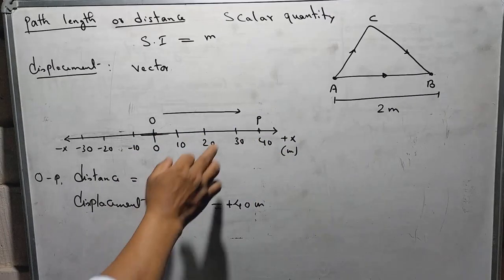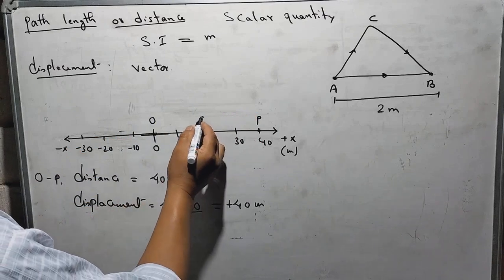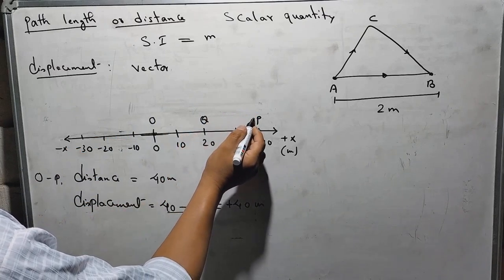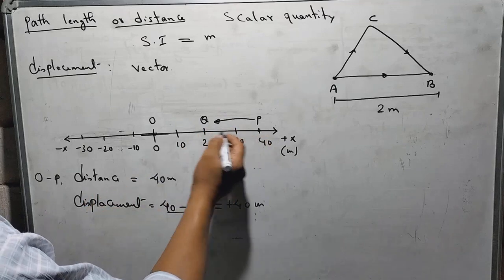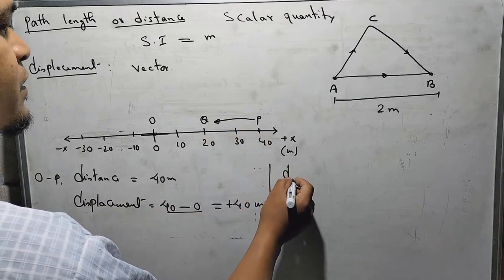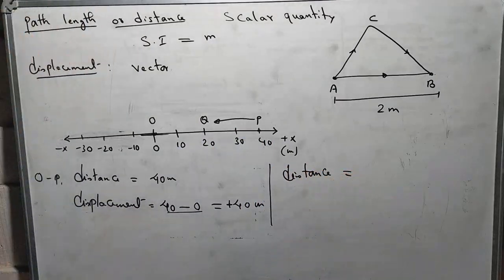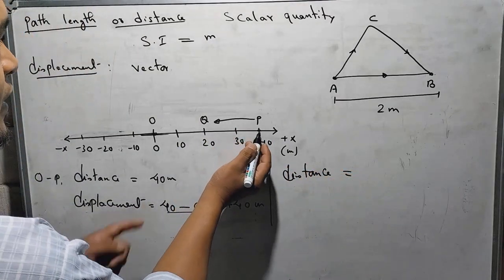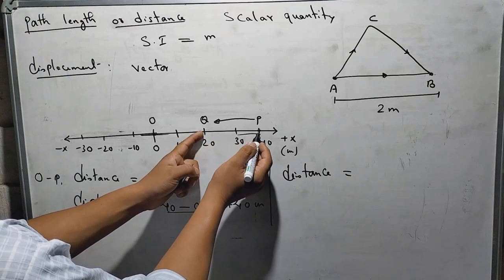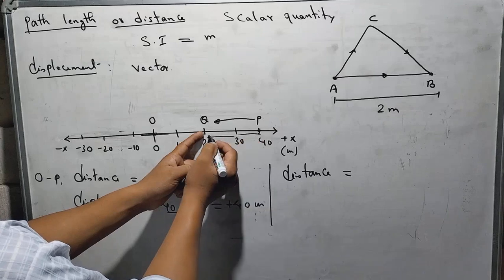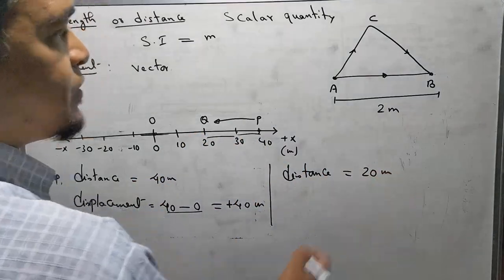Next, consider another case where the object is moving from P to Q. When the object moves from P to Q, then what is the distance? Distance, as I said, is the actual length. So the actual length from here to here is how much? This unit is equal to 10, this is equal to 10, so the actual length is 20 meter.